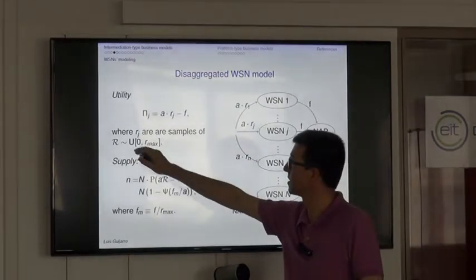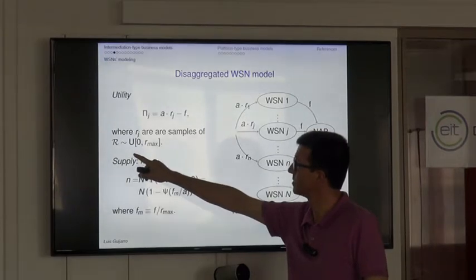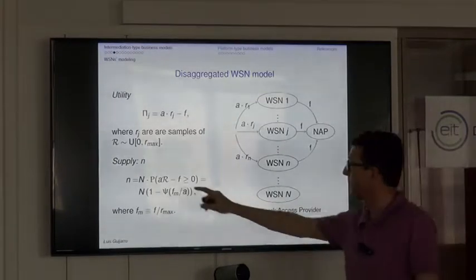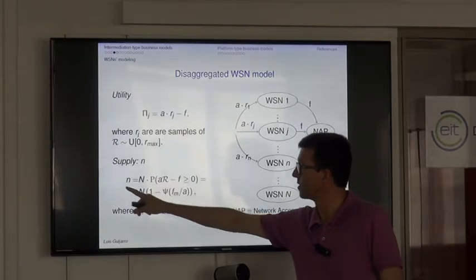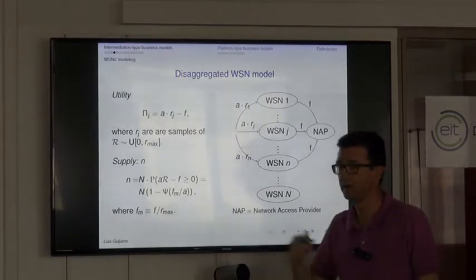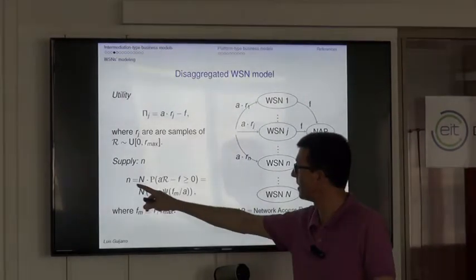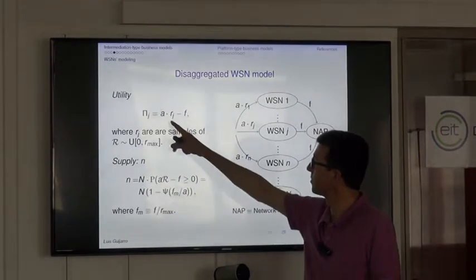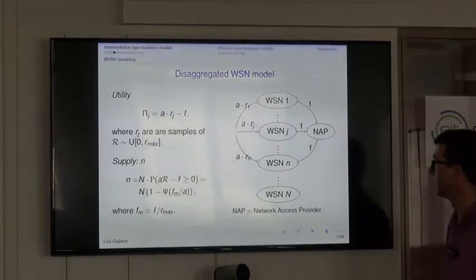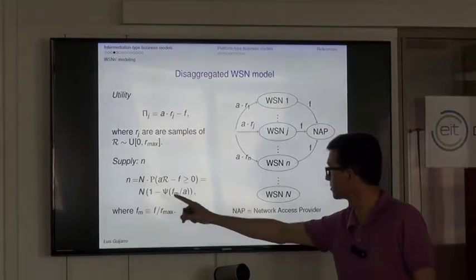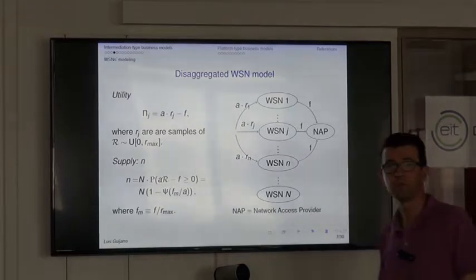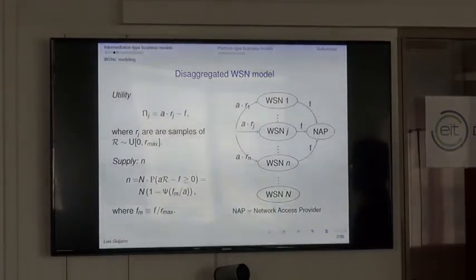If we model this R as a random variable uniformly distributed between 0 and a maximum value, we can compute the number of networks that will connect, that will supply sensing data to the intermediary, as the total number, capital N, times the probability that this profit is greater than or equal to 0, which ends up having this expression. Of course, this is only one part of the supply, of the sensing data supply.